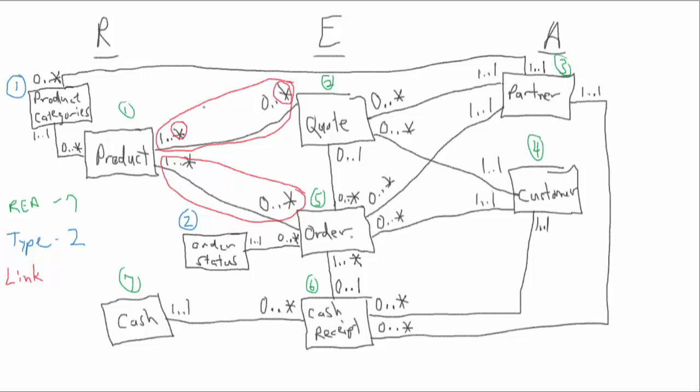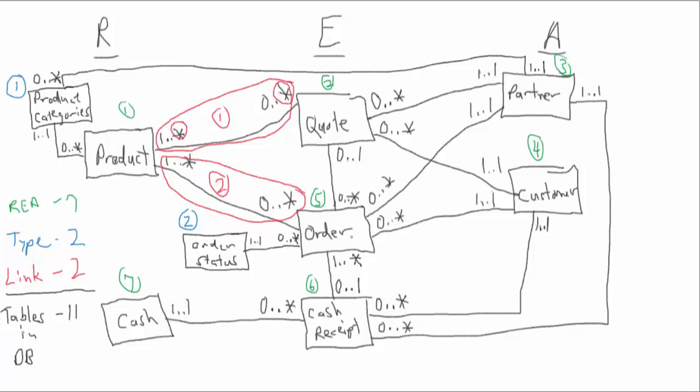So here we have 1, here we have 2. 2 linking tables will be required, giving us a total number of tables in our database of 7, 9, 11 tables in the database. So keep that in mind as we start building the database itself.